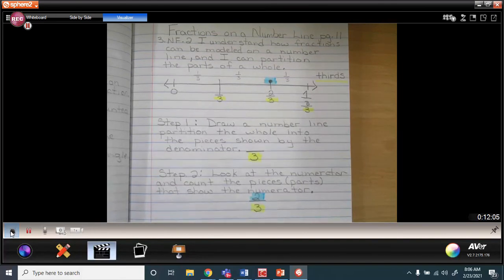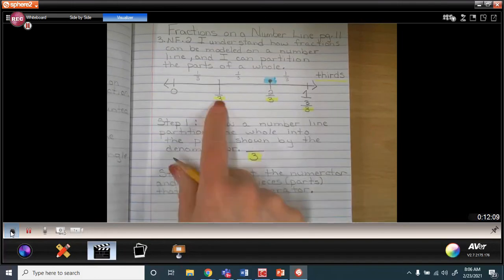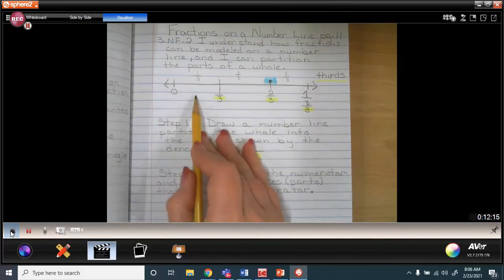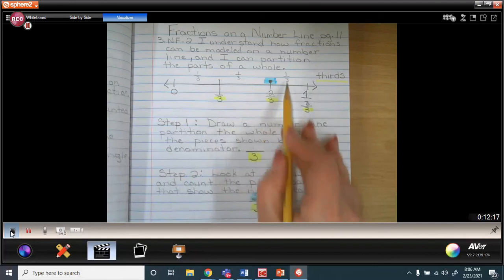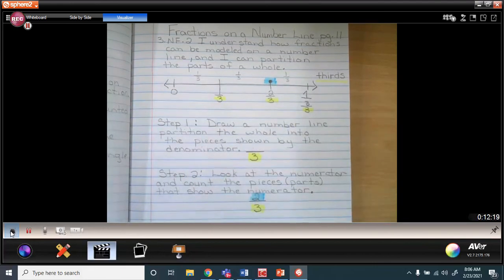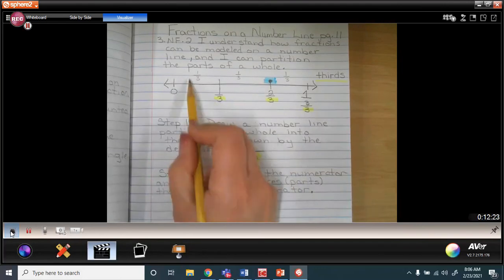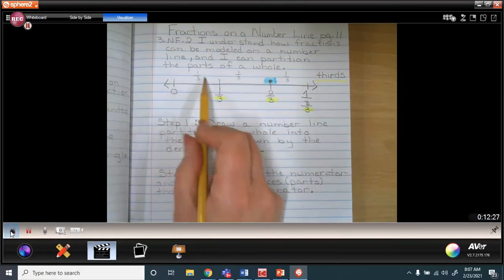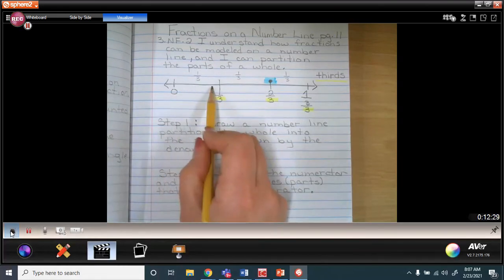Or, for example, if I wanted to make sixths, since 6 is a multiple of 3, I know that I can take thirds, and I could cut each third in half and make sixths. Or if I wanted to make ninths, I could take each third and cut it 2 more times and have 3 equal parts.